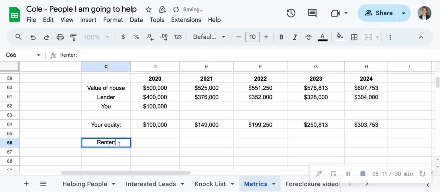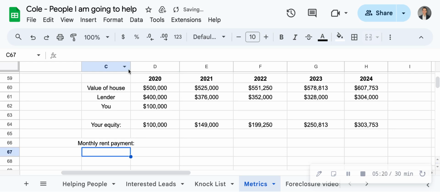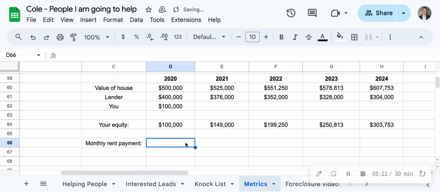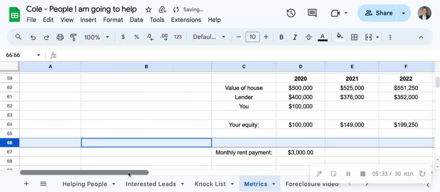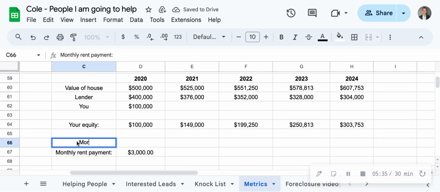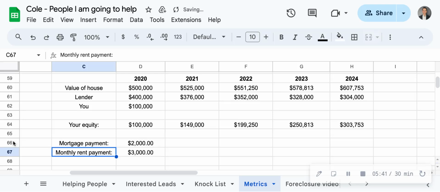So monthly rent payment: you charge $3,000 of rent a month. So you have your rent payment and you have your mortgage payment, which is $2,000 a month. And I should have put those the other way around.